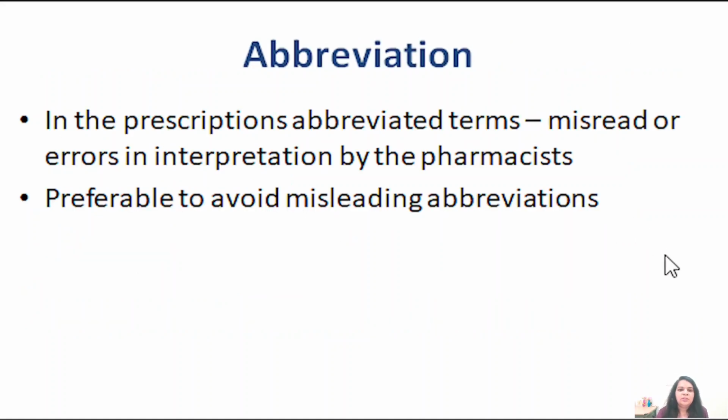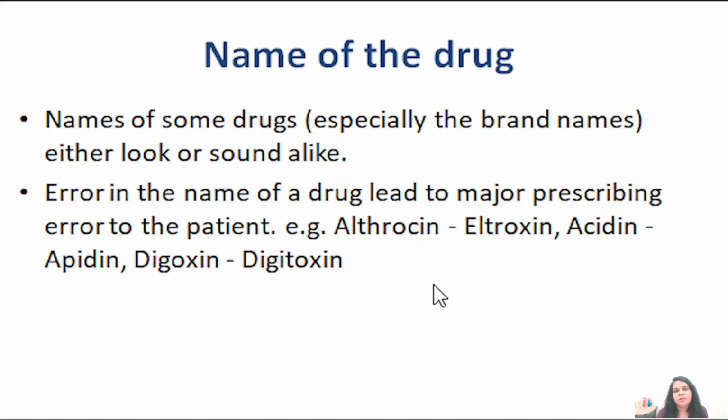Now coming to the abbreviations. In prescriptions, abbreviated terms can lead to misreading or errors in interpretation by the pharmacist. So it is preferable to avoid such misleading abbreviations to avoid errors in dispensing the medicines. For example, names of some drugs, especially some brand names, may look or sound similar.